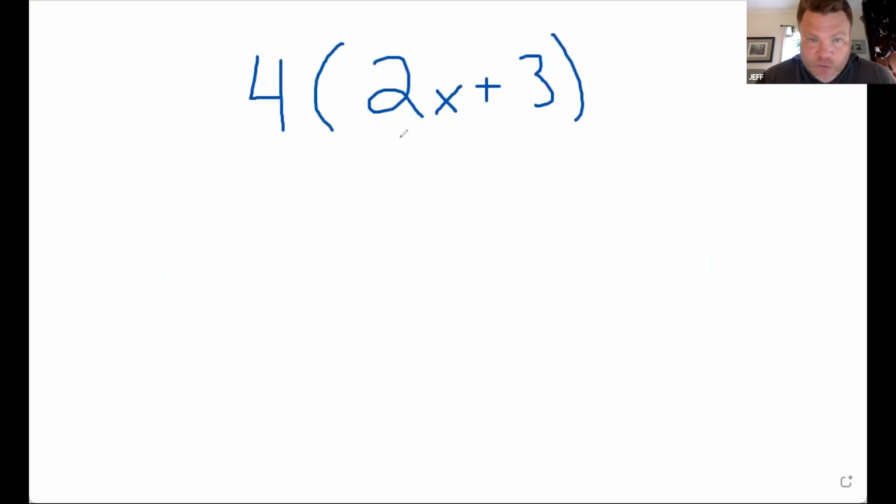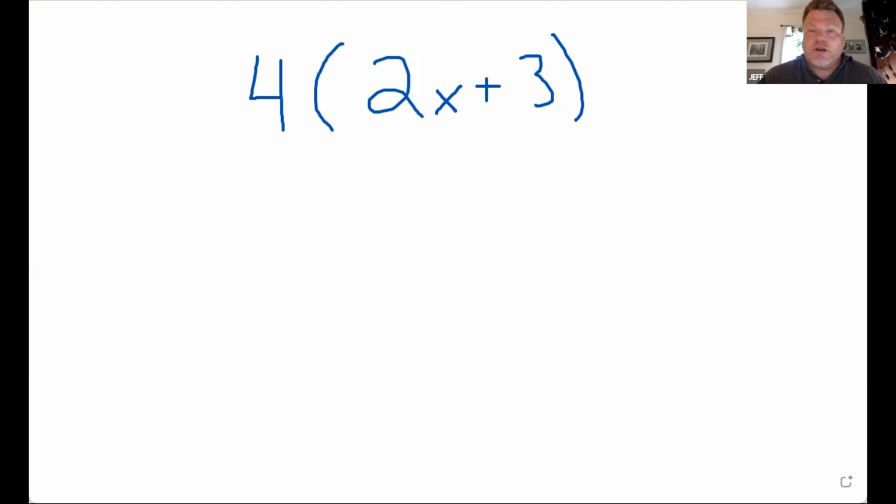Dear Aunt Sally says strictly do what's in the parentheses. 2x plus 3 means 2 times x, a number we don't know, plus 3. We can't add those two together. They're from different families. This number is from the x family, and this number is from the just a number family. Can't add and subtract them. We can multiply them, but we can't add and subtract them.